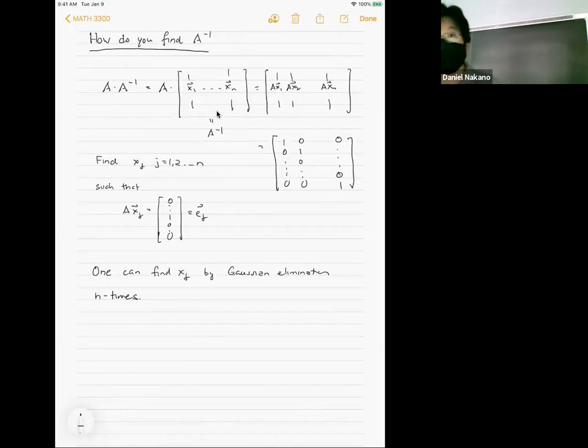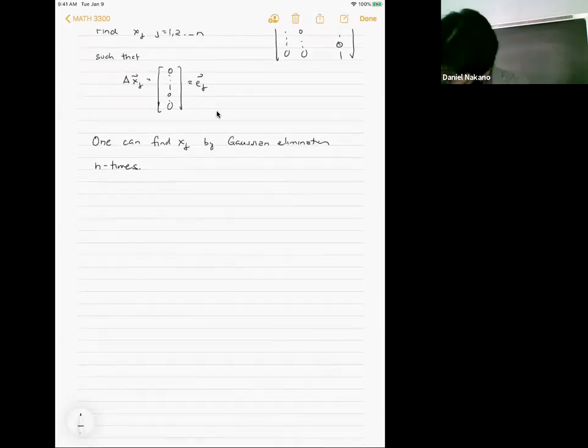So you put each of the unit vectors into your Gaussian elimination machine, and you just spit out the xj's. Now, there's a more systematic way to do this, but I wanted to show you that it does come down to Gaussian elimination, and here's what you do.